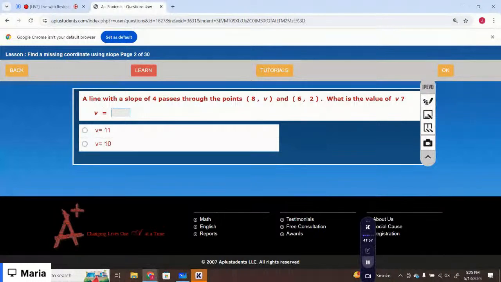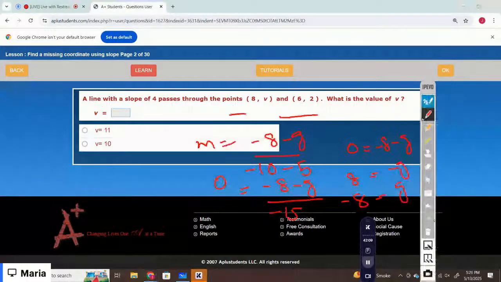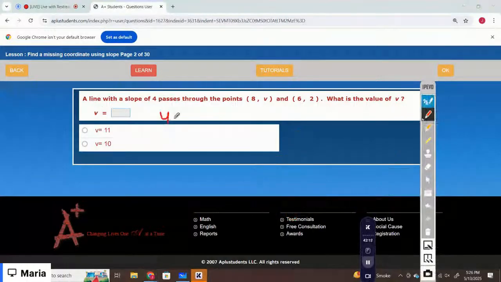A line with a slope of 4 passes through the points 8, v and 6, 2. What is the value of v? 4 equals 2 minus v divided by 6 minus 8. So 4 equals 2 minus v divided by negative 2. Negative 8 equals 2 minus v.